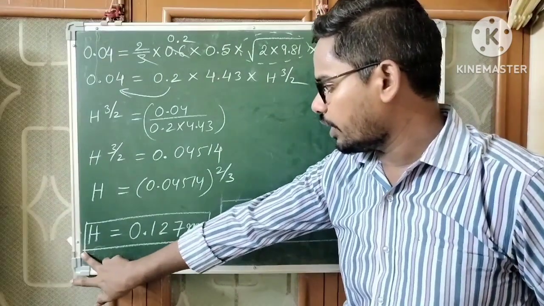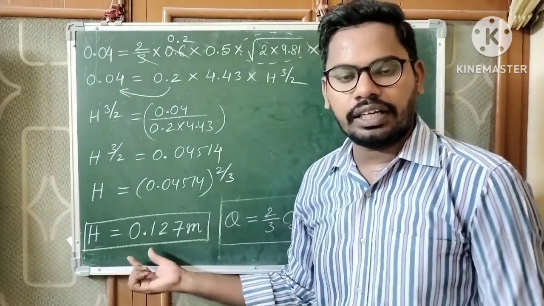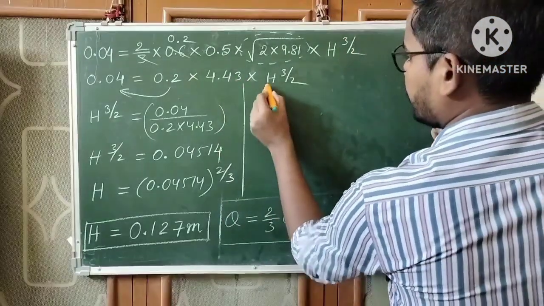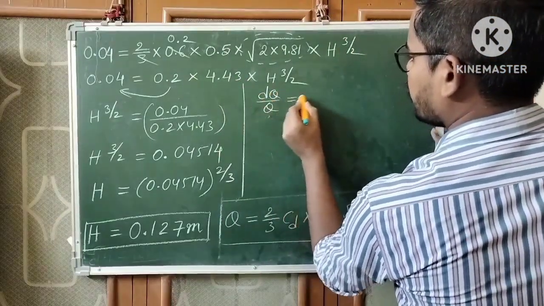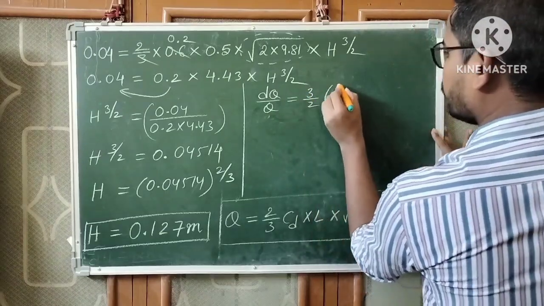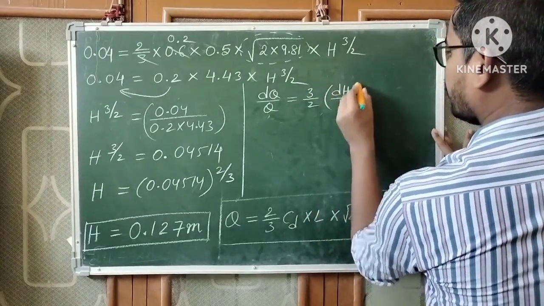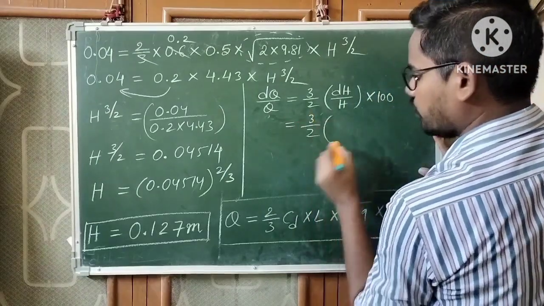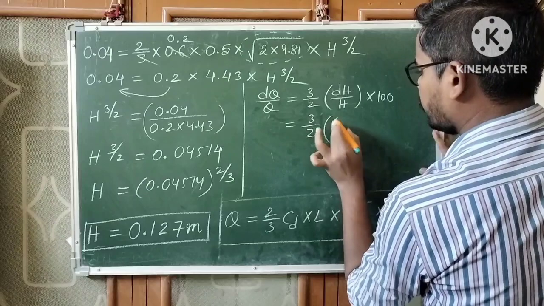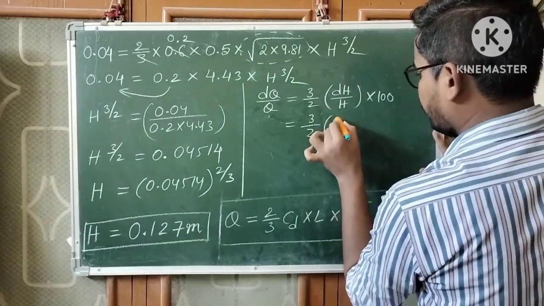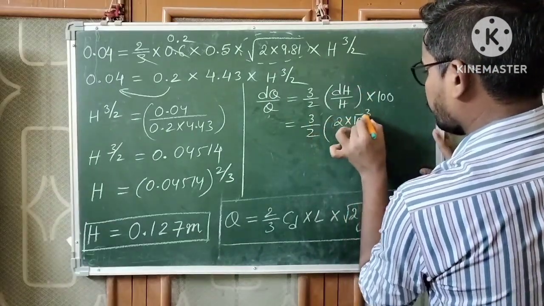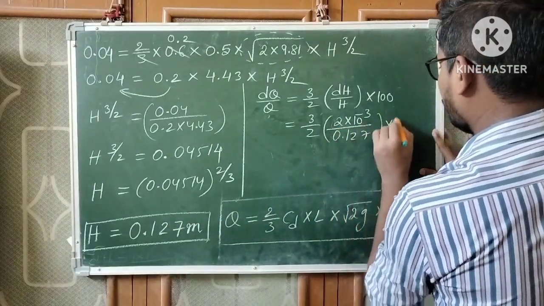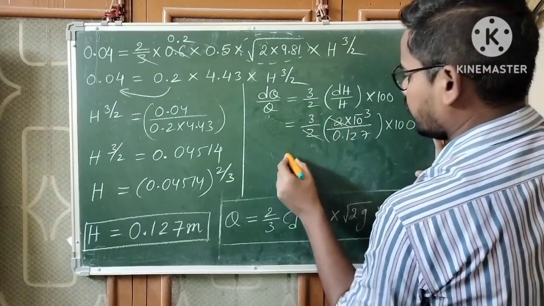Now we have calculated the head over the rectangular notch, so we can find the percentage error in the discharge. dQ by Q is equal to 3 by 2 into dH by H into 100. Now substitute all values. dH is already given as 2 mm. So 3 by 2 into 2 into 10 to the power minus 3 by 0.127 into 100. The 2s get cancelled.